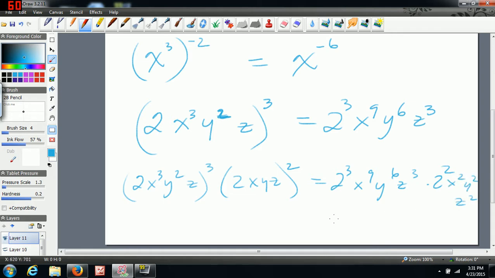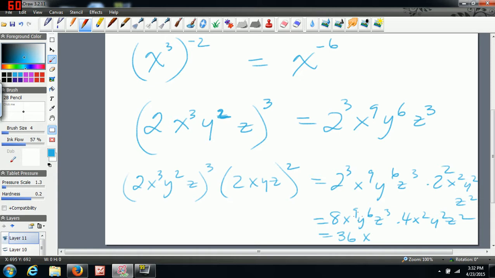So you deal with the exponents, and then before you start multiplying, even here you can simplify these. Like this could be 8 x to the 9 y to the 6 z to the 3 times 4x squared y squared z squared, and then when you multiply these you're going to get 8 times 4, which is 32, and then x to the 9 times x to the 2, so that's when you start adding the exponents, right?